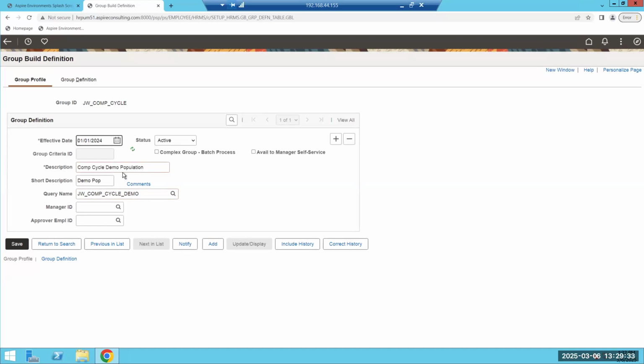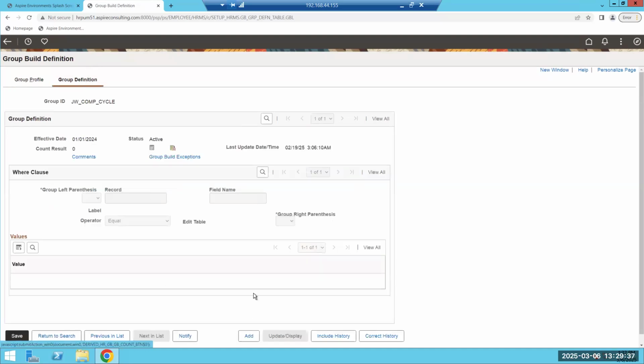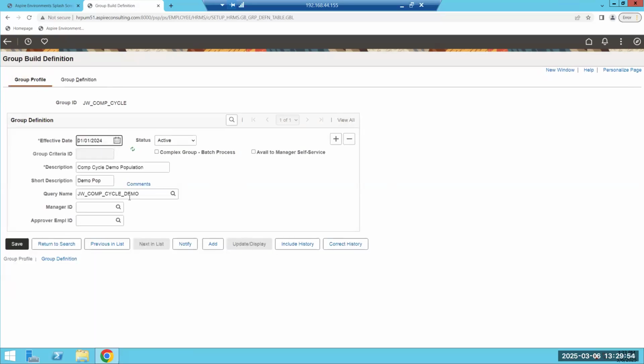Here's the other approach if you weren't using a query. And again, you're limited in the number of records, what record you can use and that type of thing, which is why the query approach is used the most often.